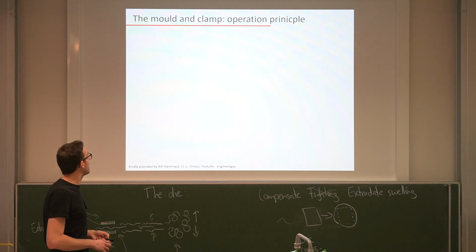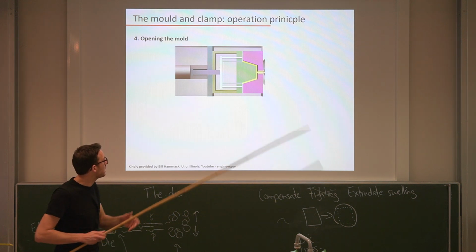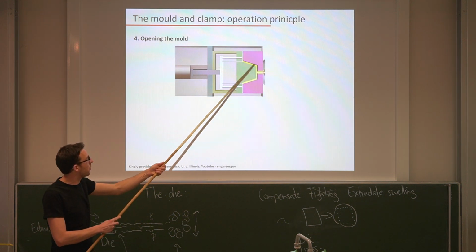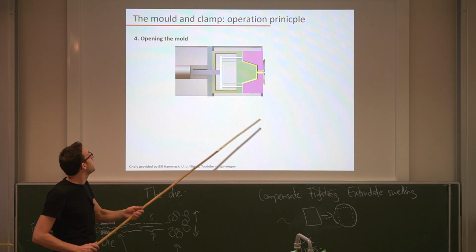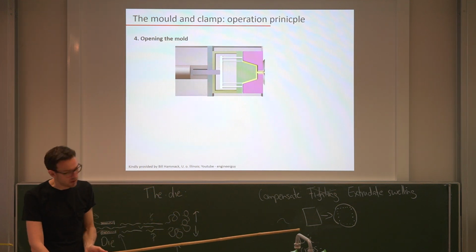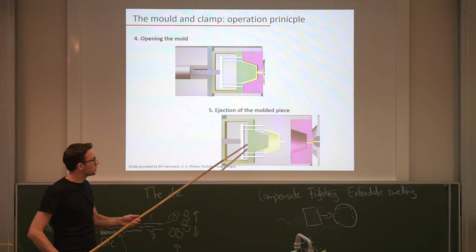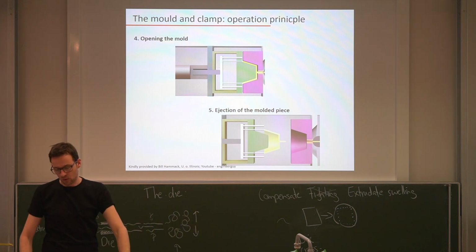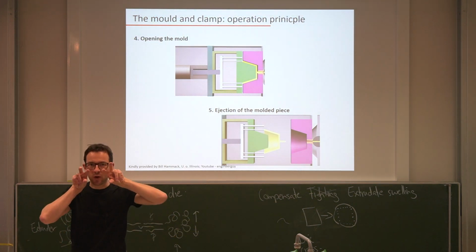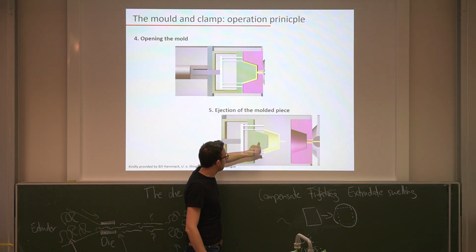Okay, so how does the clamp then work? So first we inject. You see here, this is the injection unit. This is the form that we want to produce. And now this can completely withdraw and then open the form. And then you have this ejection unit where you have 2 or 4 or however many small fingers that then push out your finalized form from this ejection unit.